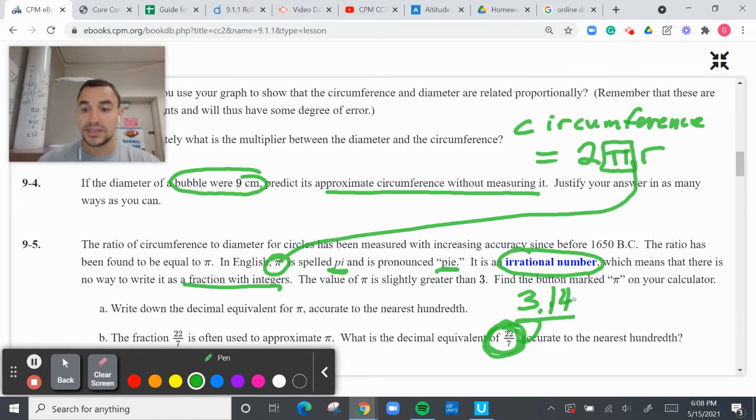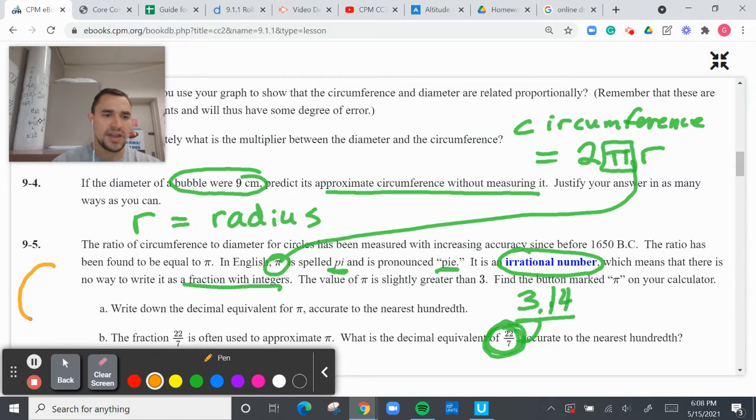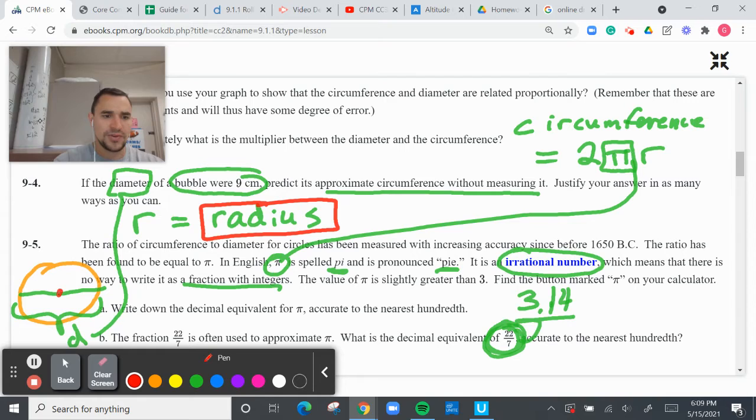But anyways, as we were saying before, 2 pi r, where r is called the radius. If I have a circle and d is the diameter, then the radius is from the center to one side, which is half of the diameter.